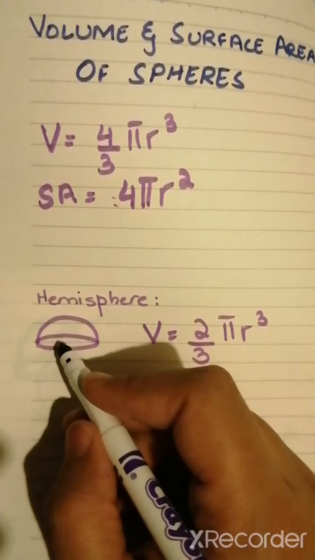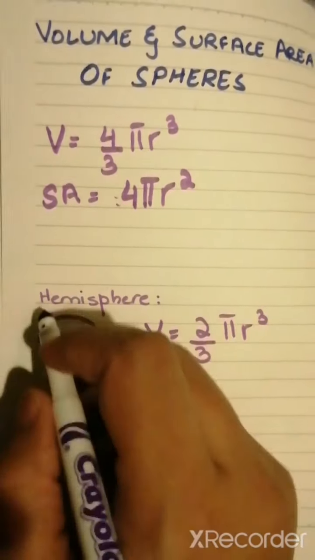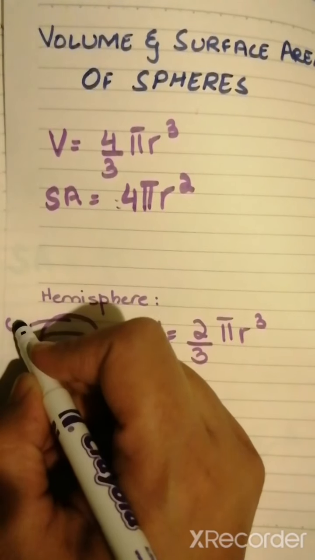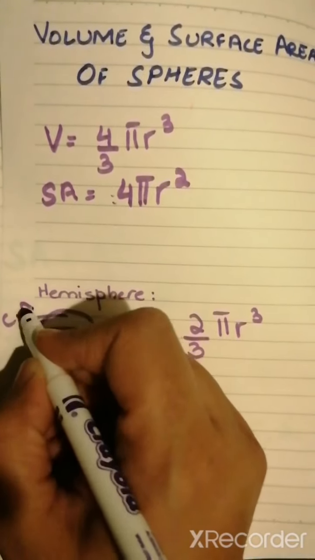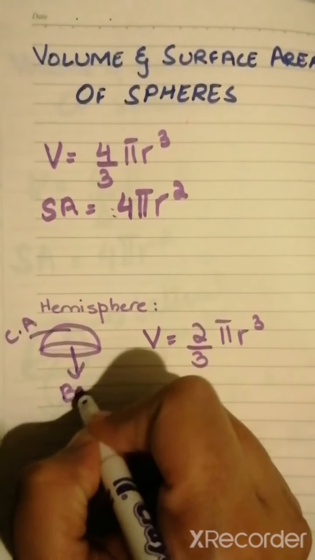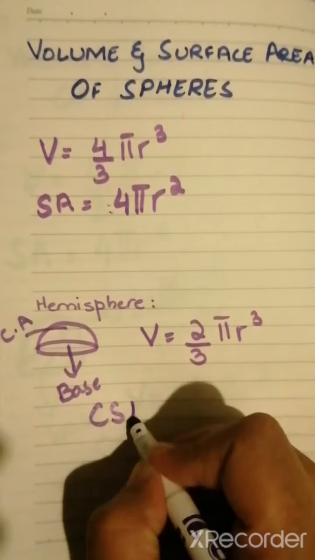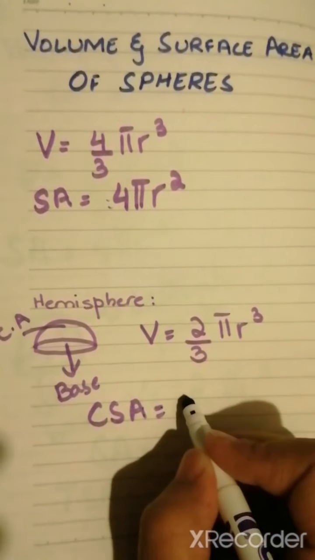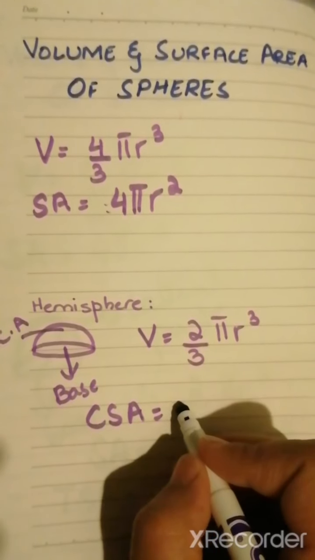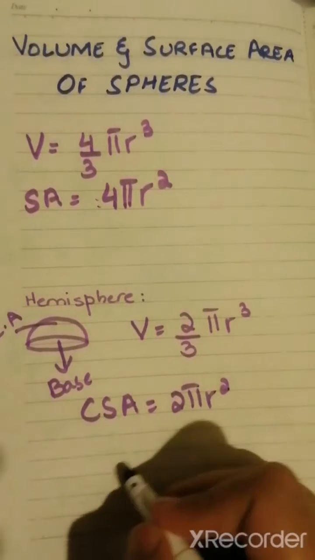For a hemisphere, it consists of two parts. The curved part, which is the curved surface area, and the base. The curved surface area of a hemisphere is half the surface area of the sphere, which is 2 pi r square.